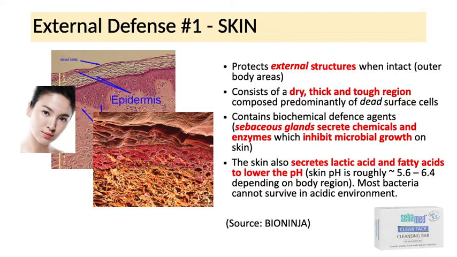Other than that, our skin also secretes lactic acid and fatty acid to lower the pH of our skin, because most bacteria cannot survive in an acidic environment. On this slide I also put, and this is not commercial, one brand of cleaning product called Sebamed, and the pH is 5.5. Maybe chemistry students know that most soap actually has a pretty high pH, or is basic, higher than 7.